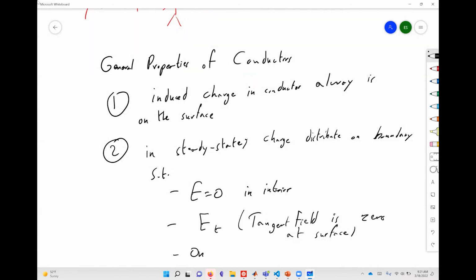Right? The only field at the conductor surface is normal to the surface.